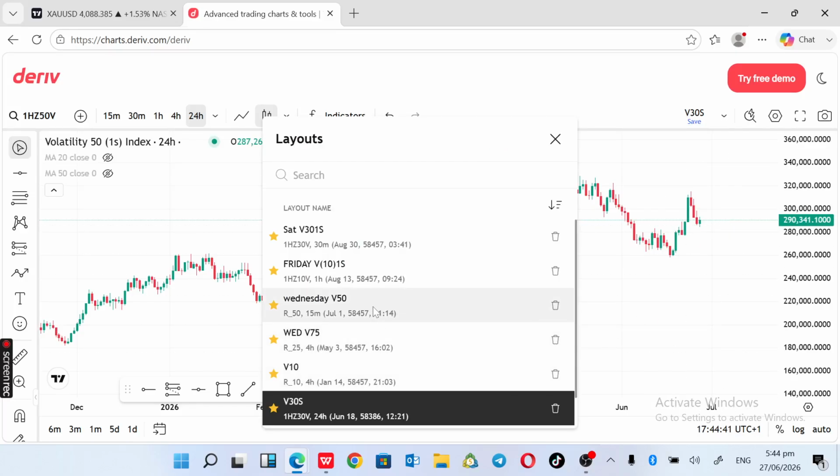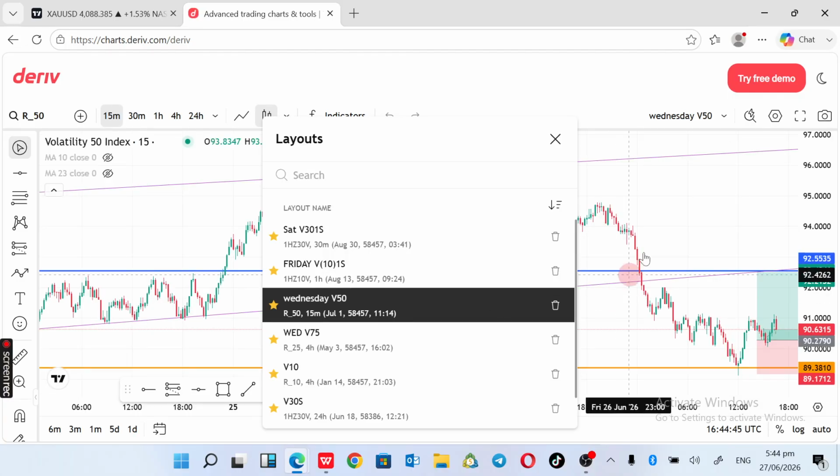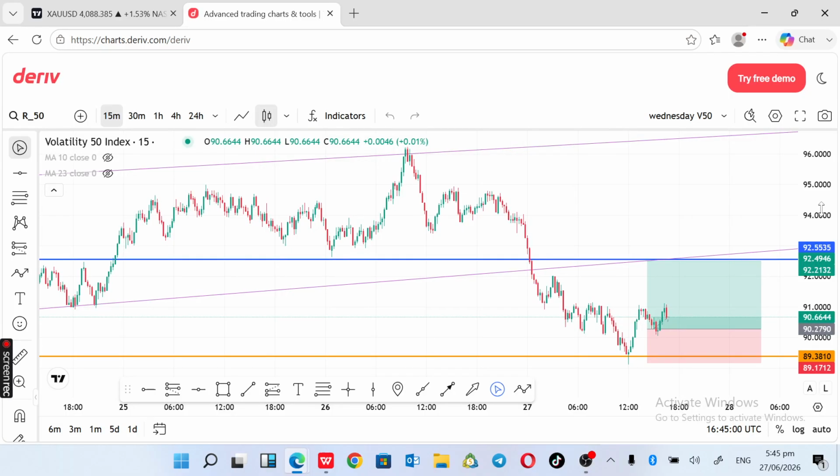Normal volatility 50. You remember we're having 300, 290, 280 at the market range. Now check this. This is giving you 90 point something, 91, 92, 93. Where you compare the V1S is 300 and all that. So they are very, very volatile. Compare that range with this range, what you are seeing. You find out that it's almost 3 times what the market movement is.